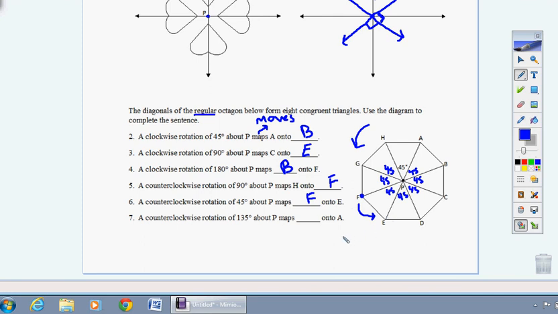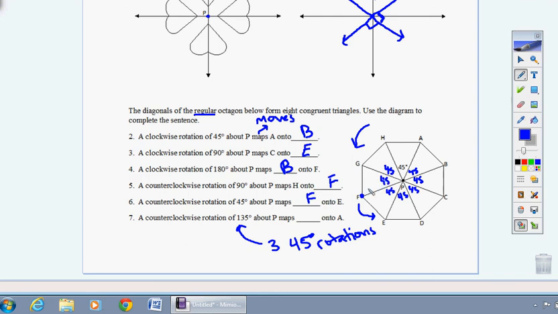And lastly, number 7 says a counterclockwise rotation of 135 degrees. Remember, 135 degrees is the same as three 45-degree rotations. So a counterclockwise rotation of 135 degrees around P maps what onto A? It wants to know what point, if I rotate it 135 degrees, will I end up on point A?